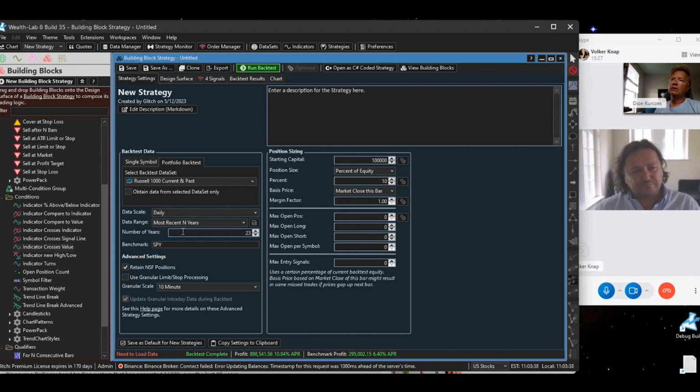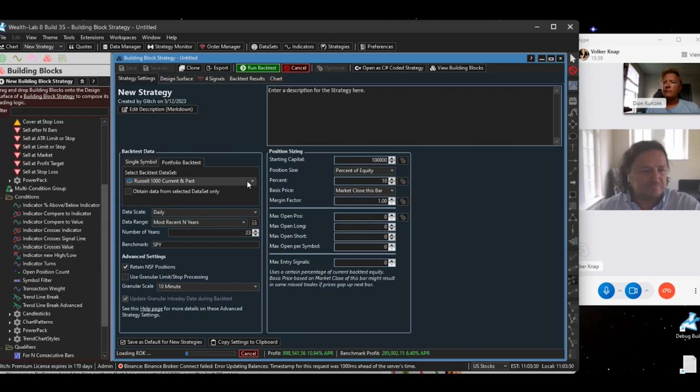So this Russell 1000 current and past removes the survivorship bias, so it will also use the symbols that have gone in and out of the Russell 1000 over time, rather than using whatever the current Russell 1000 symbols are right at this very moment. Which is kind of an optimization.